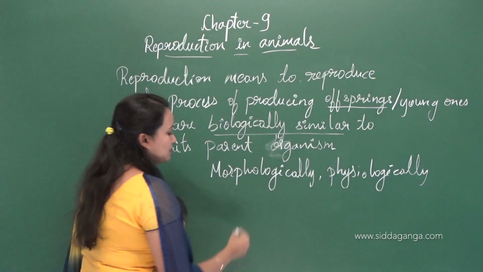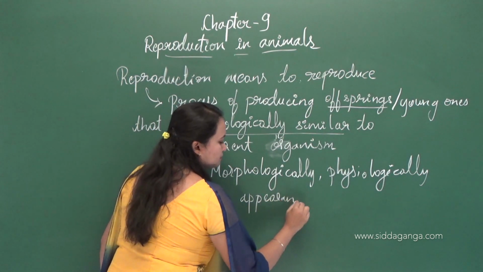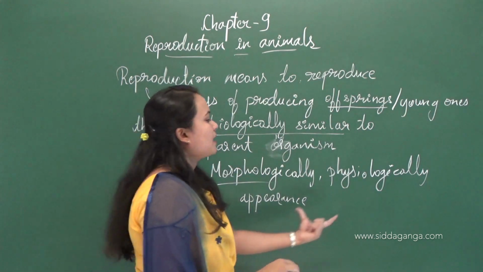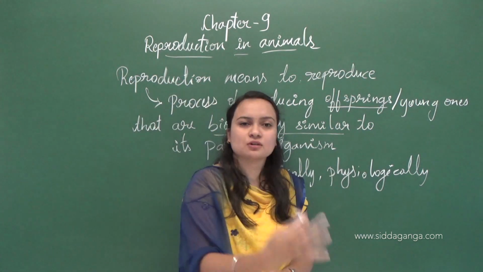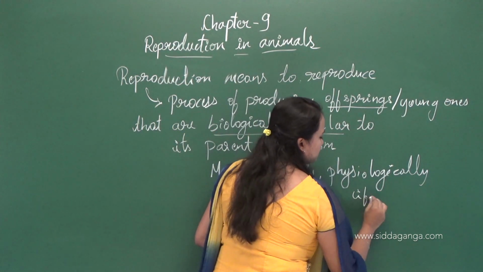Here morphologically means appearance, and physiologically means physiological processes like life processes, digestion, respiration.